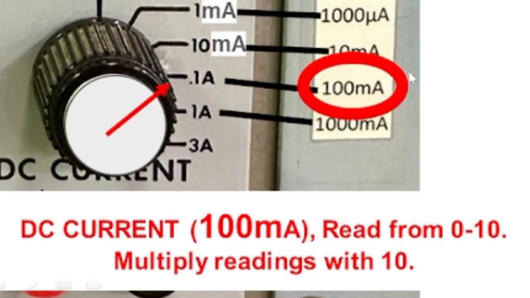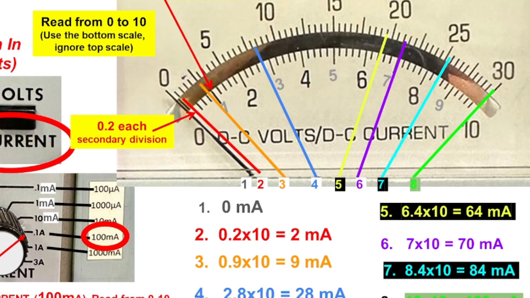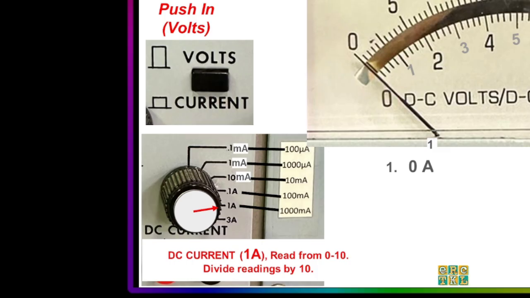Again, when the DC current is at 100 milliamperes, we have to read from 0 to 10 and multiply our readings with 10. That's why using analog meters is more difficult than using digital meters, because in digital meters the answers will just be read. It's already there on the screen of the digital meter.